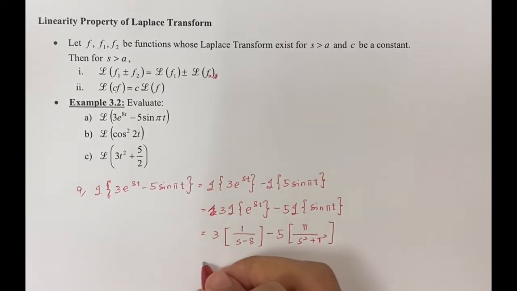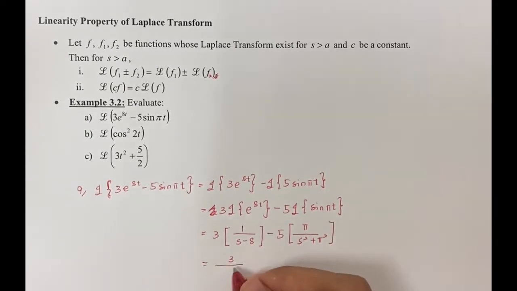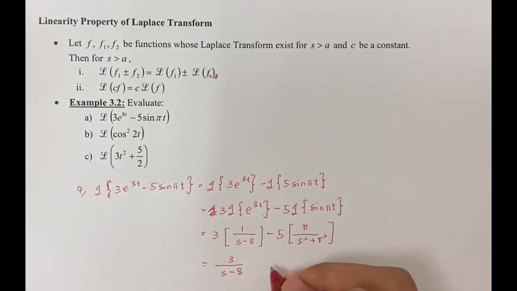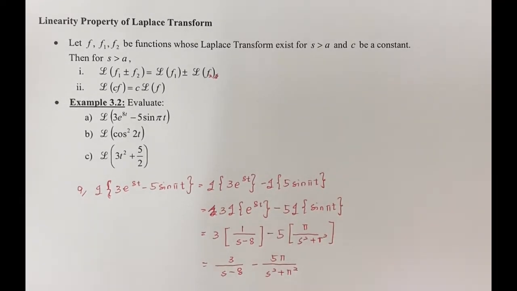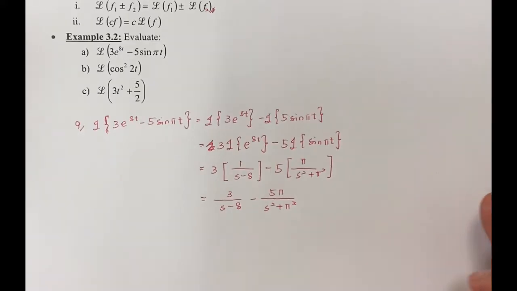So the last answer is 3 over s minus 8 minus 5 pi over s square plus pi square. Okay. Example B.